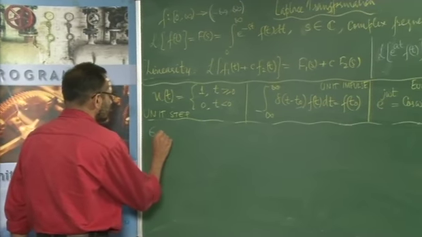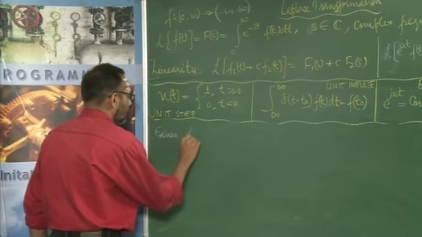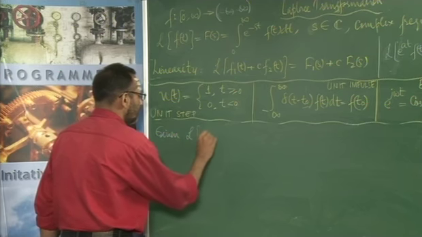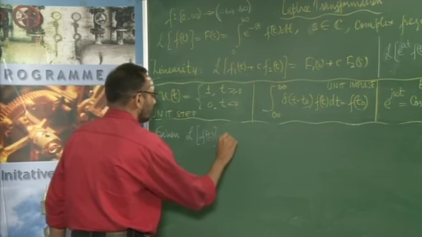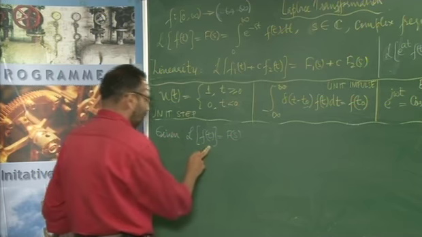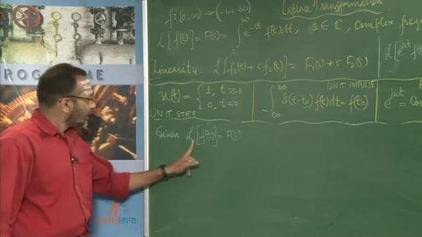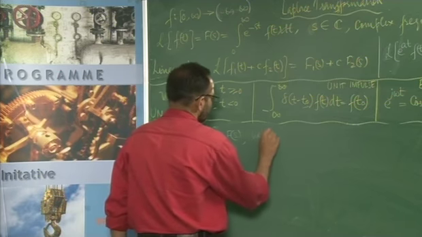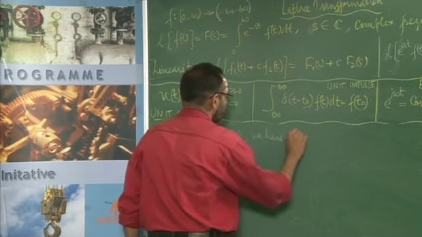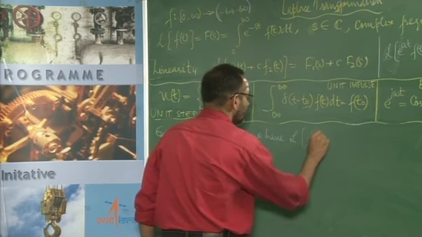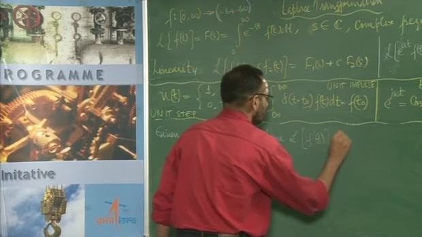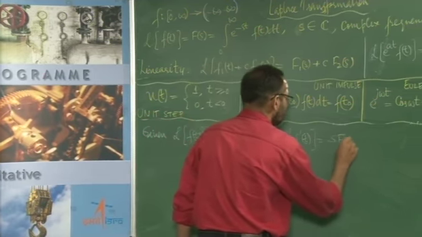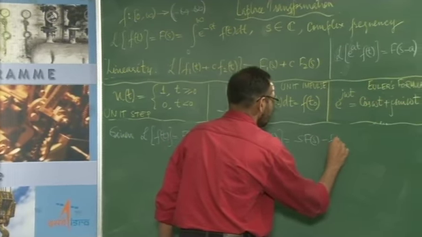Given L of f of t equal to F of s, which means you have a Laplace transformable function f of t, the Laplace transform of which is F of s, we have L of f dash of t equal to s times F of s minus f of 0.